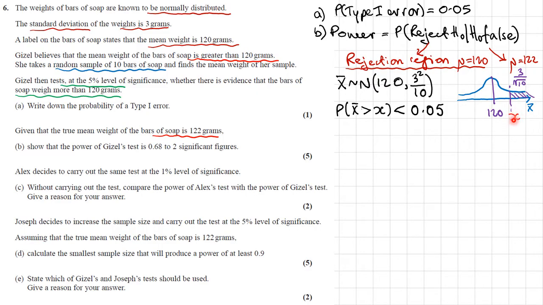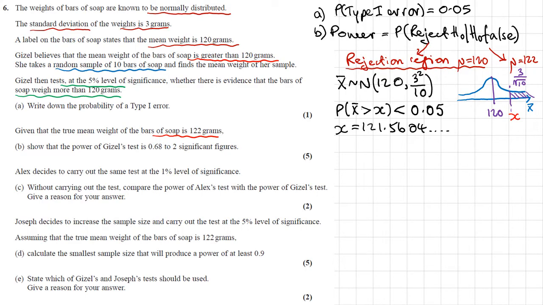Remember that the mean we're going to type in is 120, and then the standard deviation is going to be the square root of this, so it's going to be 3 over root 10. And the area that you need to type in has got to be the area from the left. So since this area here is 5%, we need to type an area of 95%, and that gives us a value of x equal to 121.5604.